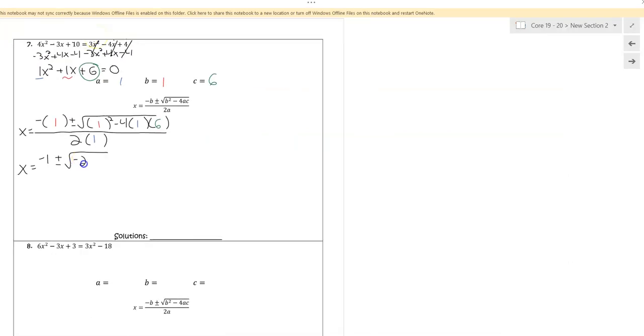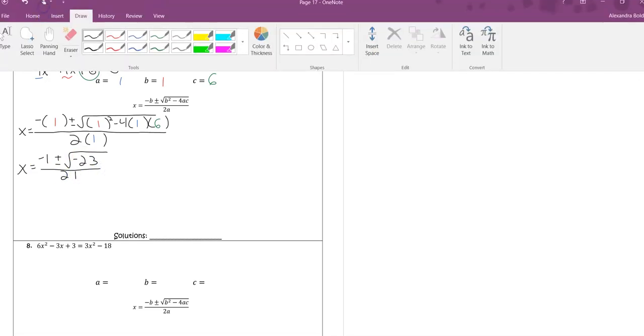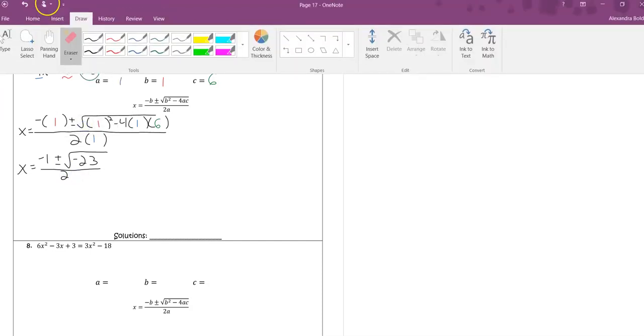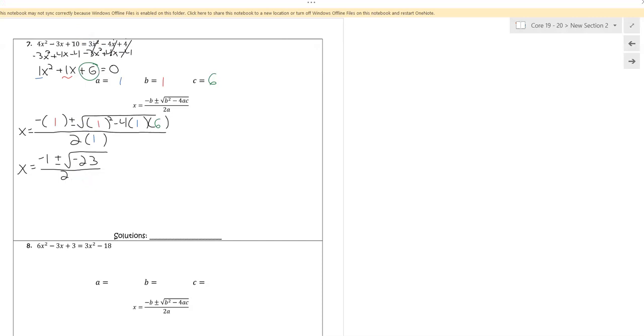I don't know why it's jumping. That's fine. We'll write smaller. Over, and then 2 times 1 is 2, not 21. So again, we have that negative, so x equals negative 1 plus or minus, pull out our negative 1. Square root 23 i.